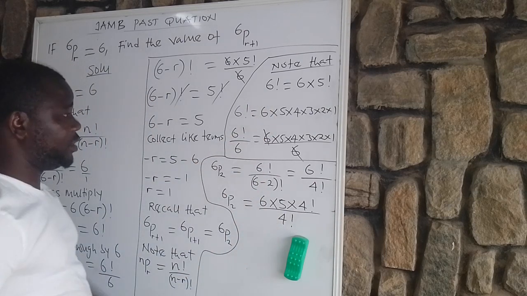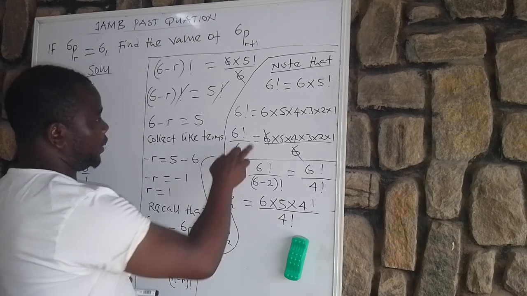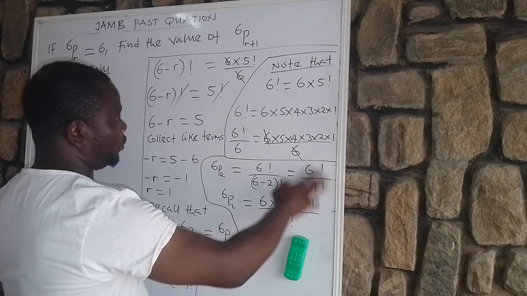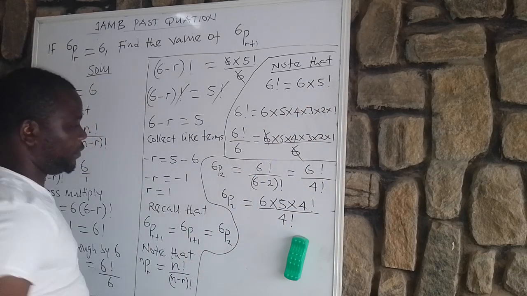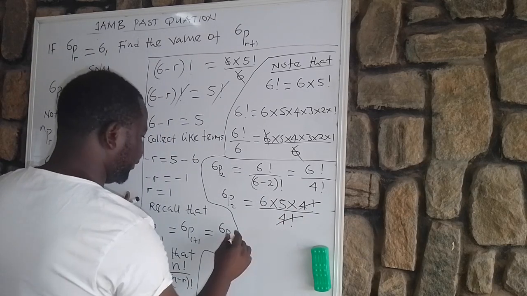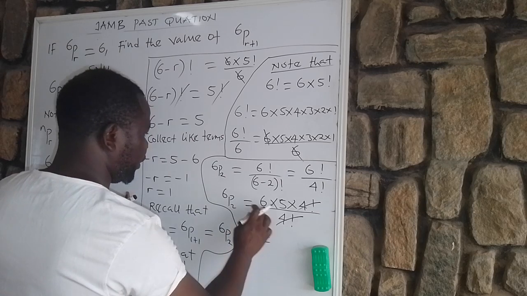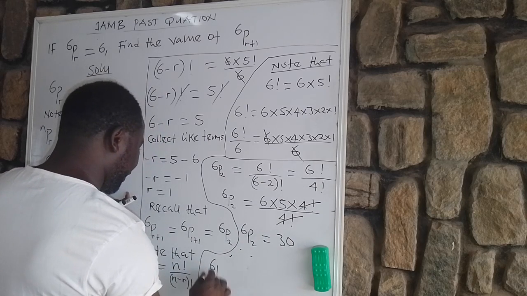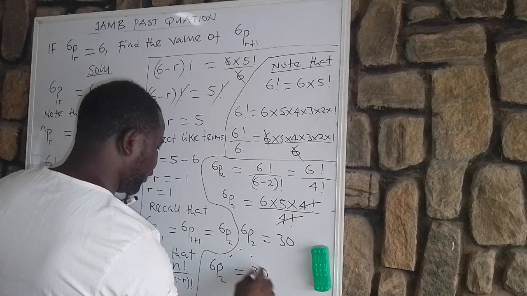The 4 factorial and 4 factorial will go, and you are still left with 6 and 5. Therefore 6 permutation 2 is 6 times 5, which is 30. So our 6 permutation 2 equals 30.